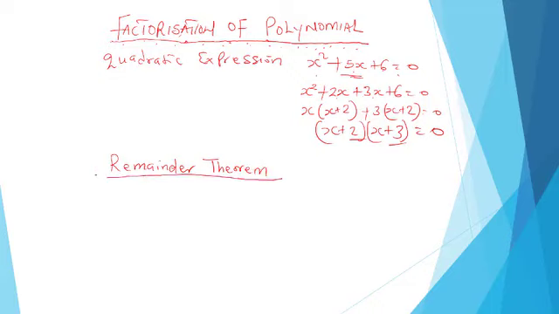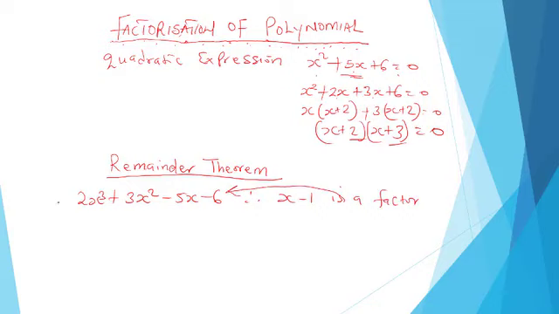Let me say, for example, you're given a question to check if x minus 1 is a factor of 2x^3 plus 3x^2 minus 5x minus 6. Check if it's a factor of this.